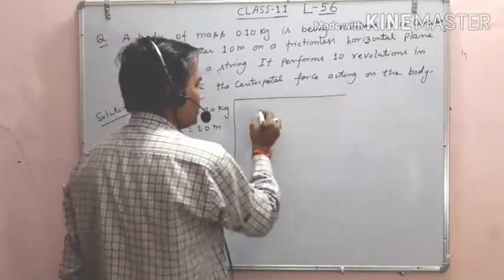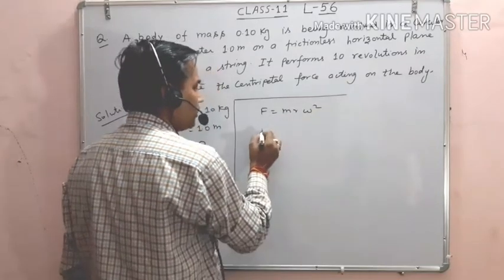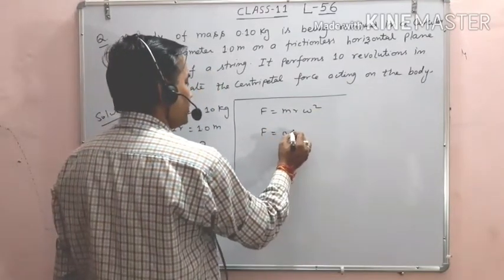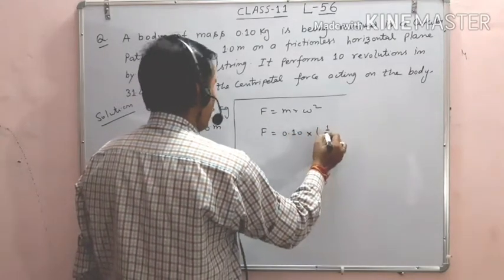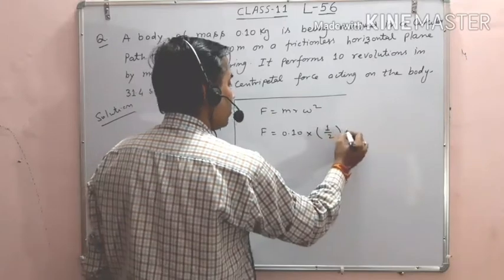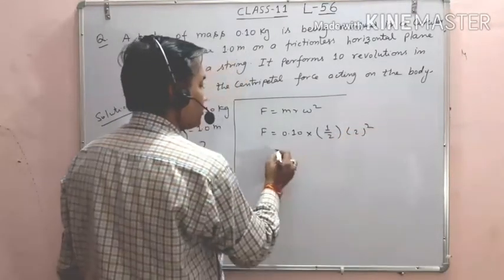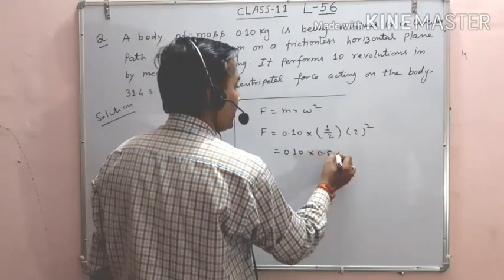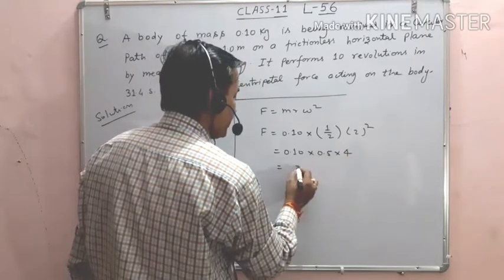Okay, you know centripetal force in angular form is m r omega square. So F is equal to m. M is given here, 0.10, and radius is 1 upon 2. Omega is 2 square. So this becomes 0.10 into 0.5 into 4. That is 1050.